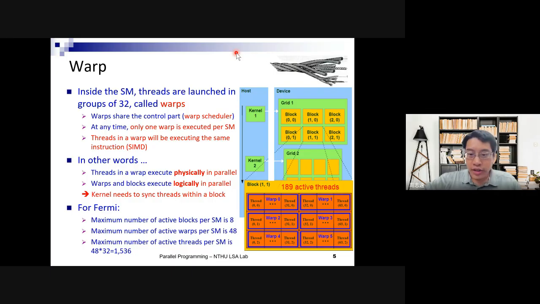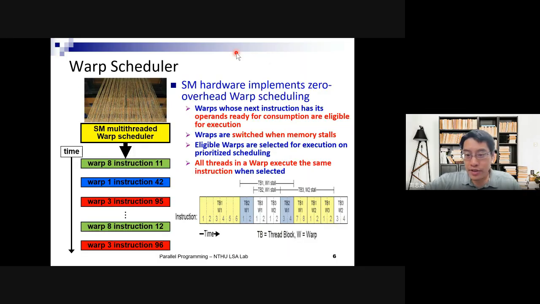So the concept of warp is really important, and as we mentioned before, the warp is the basic unit, so it's also the basic unit for context switch on the GPU. So if any thread within the warp has a memory stall, then the GPU scheduler will context switch between the warps.